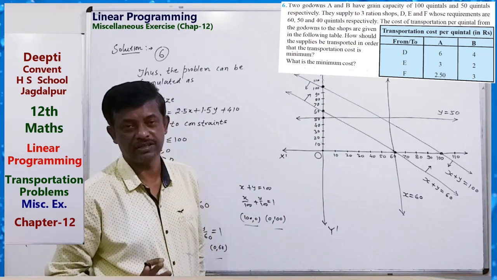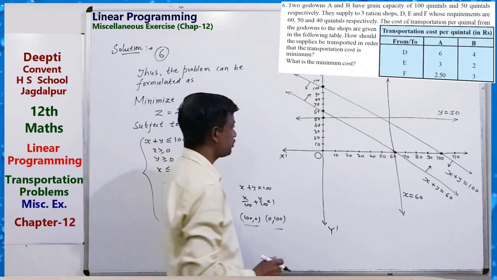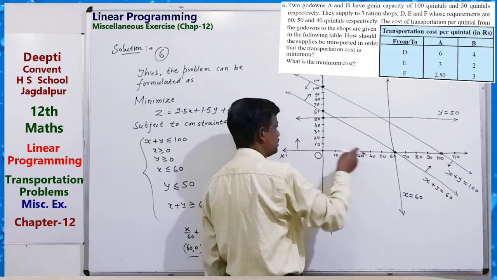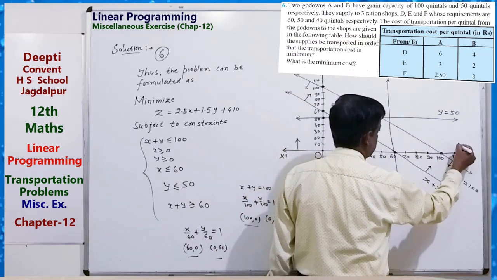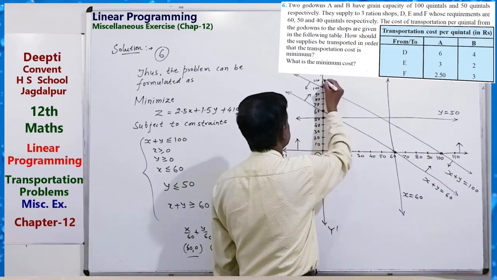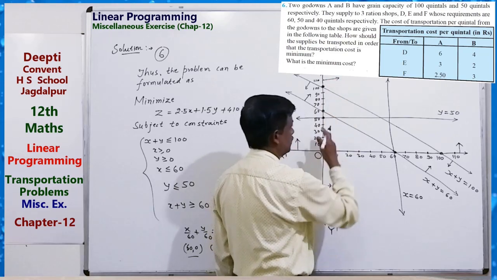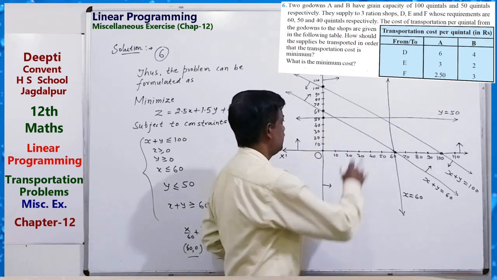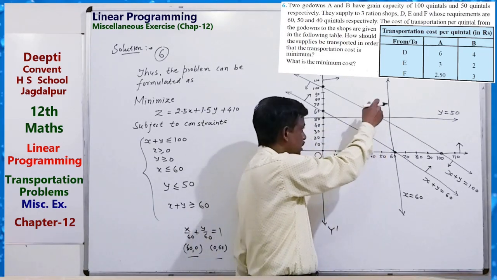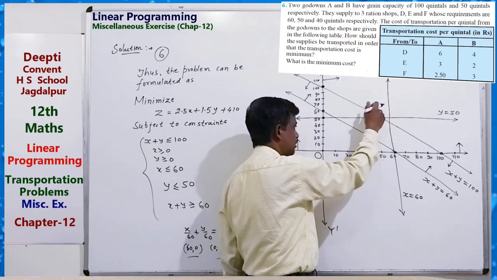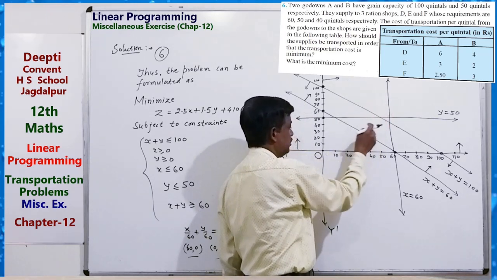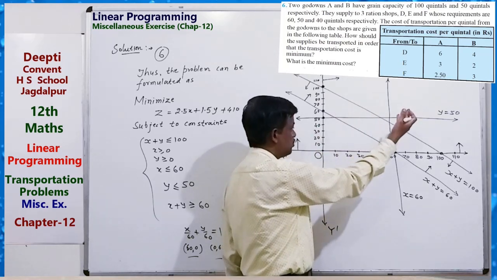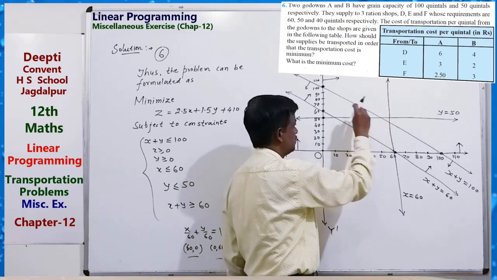Now also x is greater than or equal to 0, y is greater than or equal to 0, which means the first quadrant. So the region lies on the origin side of this line and the opposite side of the origin for this line, that is in this portion.